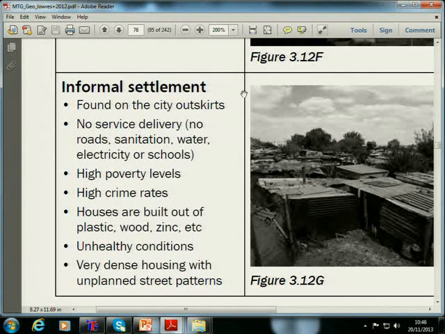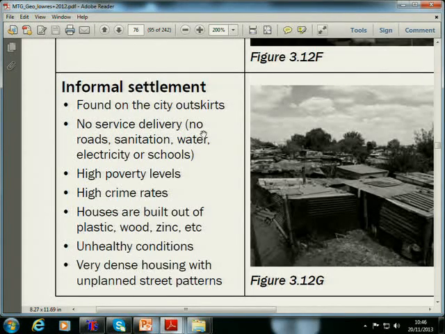It's because most times these long paragraph questions give us an opportunity to get maximum marks, because this is the simplest thing that we could ever do: answer a question asking what the problems found in informal settlements are. What's important is that we write our response in a paragraph, using full statements and full sentences. Now, the problems: we say there is no service delivery.